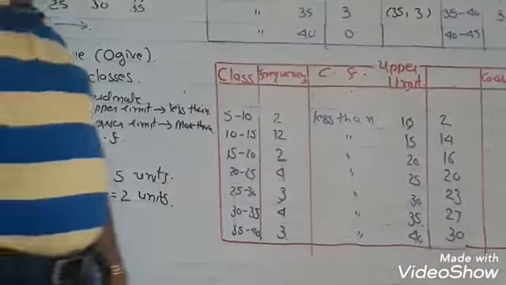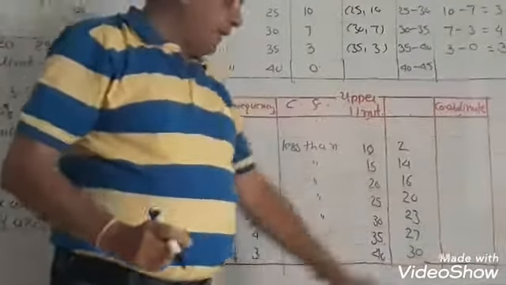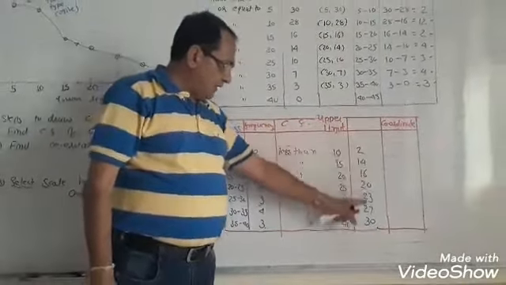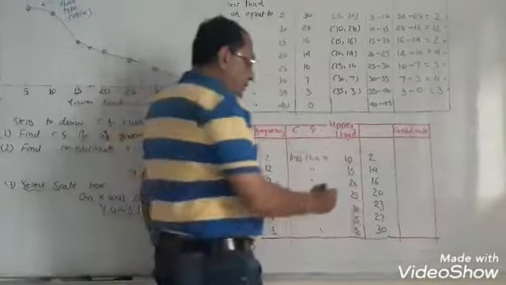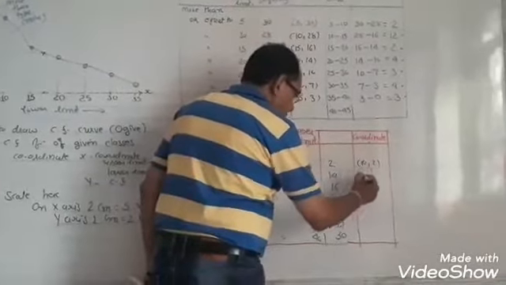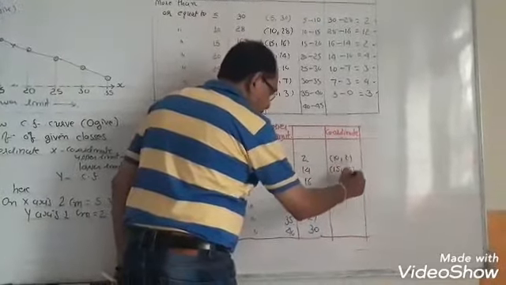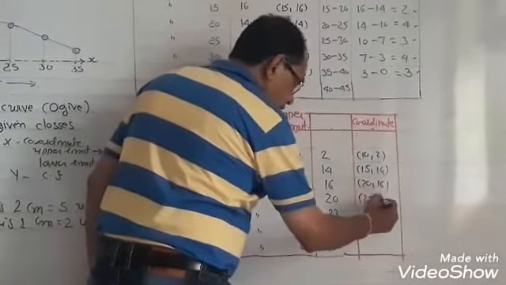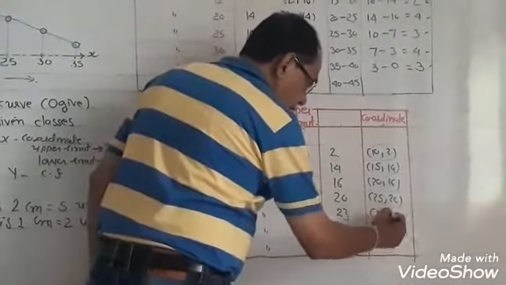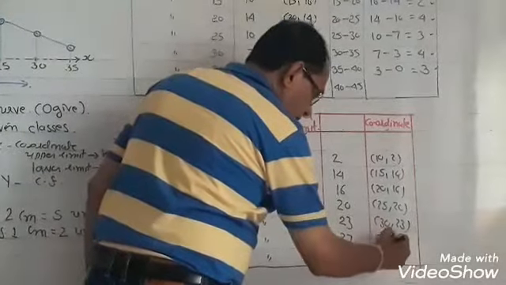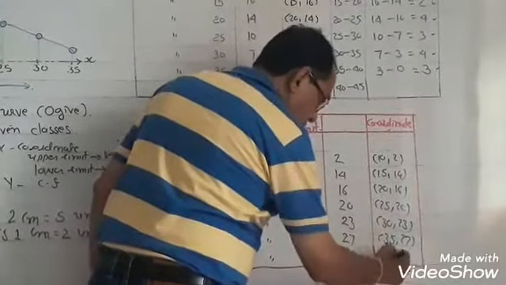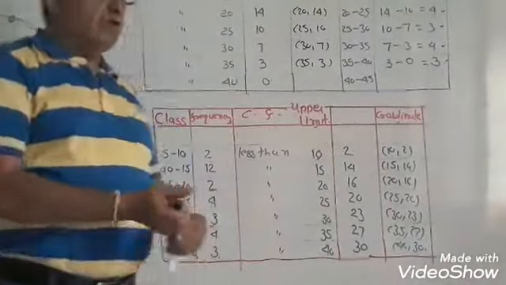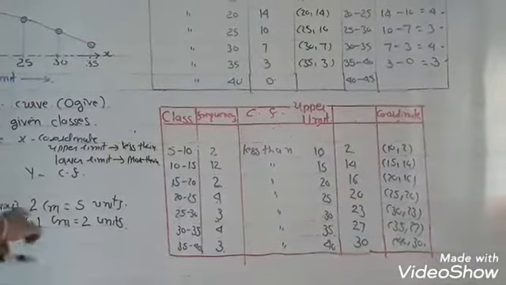Got it? Now the coordinates: x coordinate and y coordinate. 10 and 2, 15 and 14, 20 and 16, 25 and 20, 30 and 23, 35 and 27, 40 and 30. If you plot these and draw a smooth curve, you will get the less than type frequency curve.